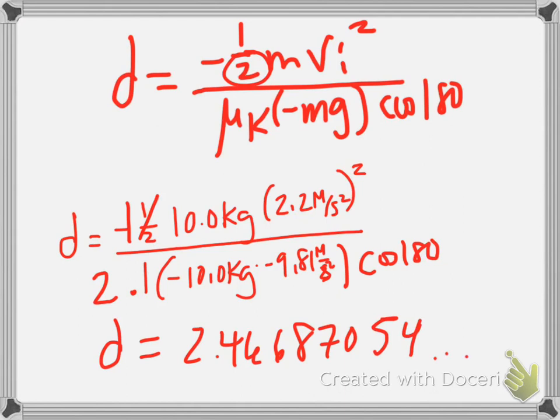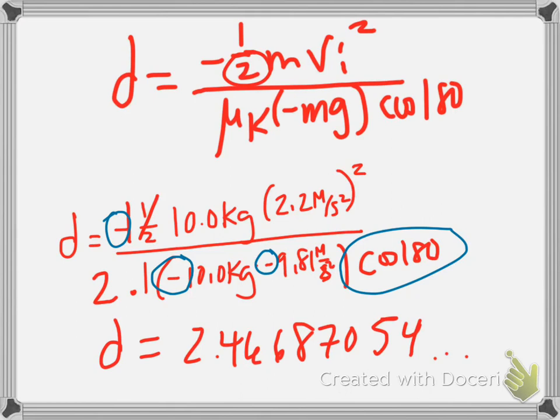You've got 3 negative signs in there. You've got this, you've got this, and then this gives you a -1. So it ends up as a positive number. The distance it's traveling is positive. The work done on it, if we were to solve for work, is negative, because it's slowing it down.